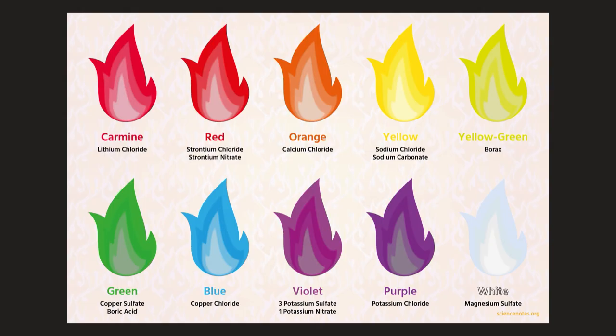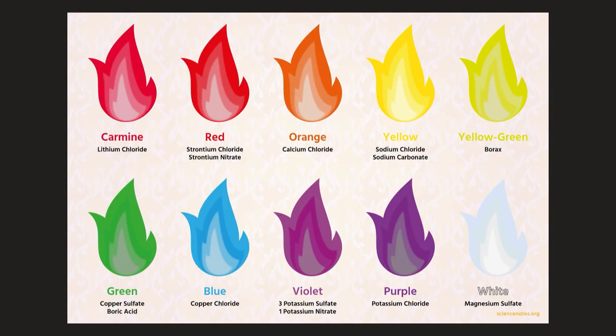Now, when you looked at those videos on flame tests, these were the different metals that they looked at, and sometimes they looked at them as plain and simple metals straight from the periodic table.